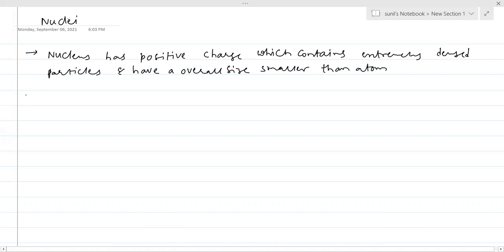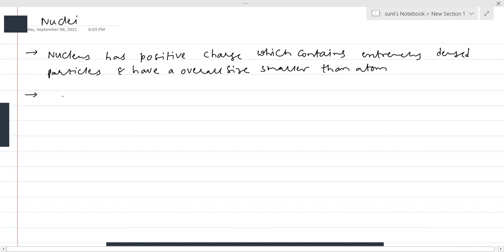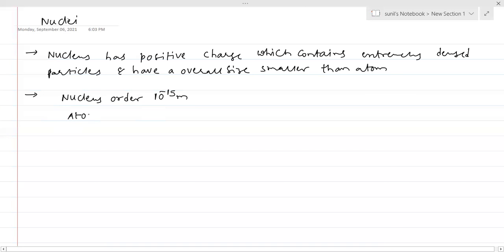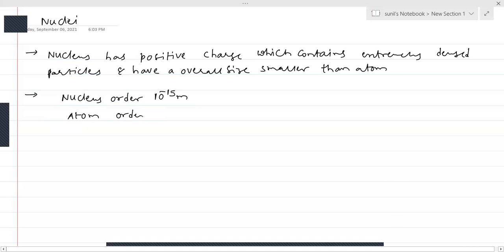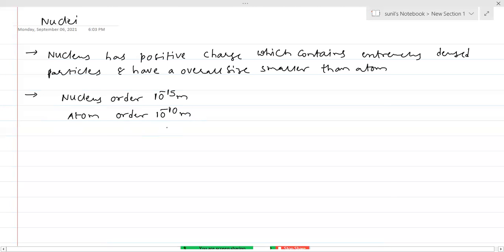So generally, the nucleus order is 10 power minus 15 meters, and the atom order is 10 power minus 10 meters.